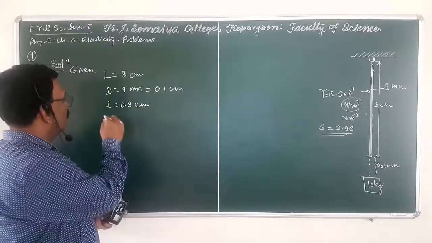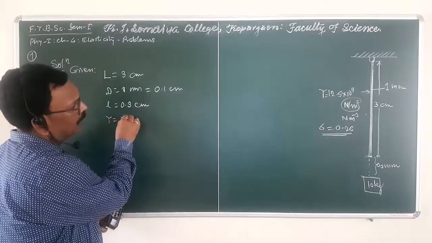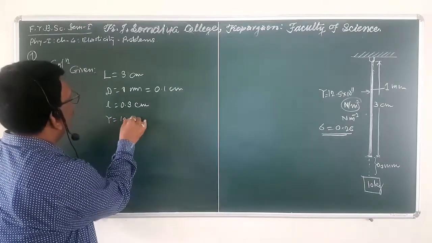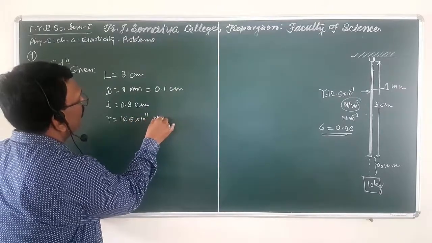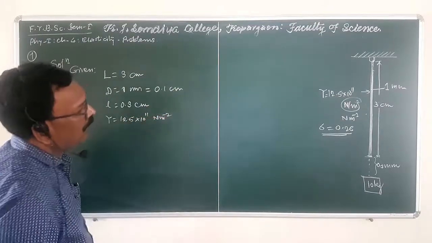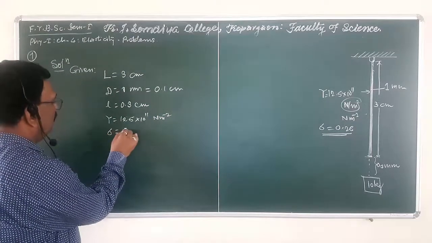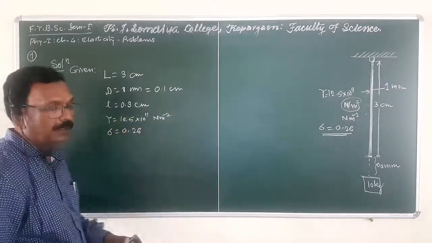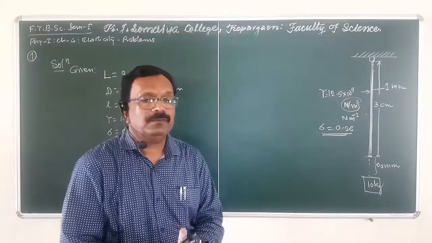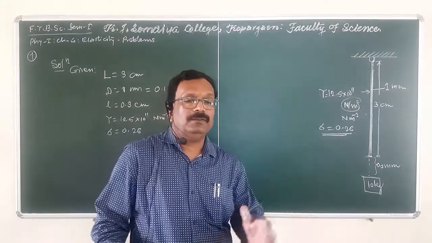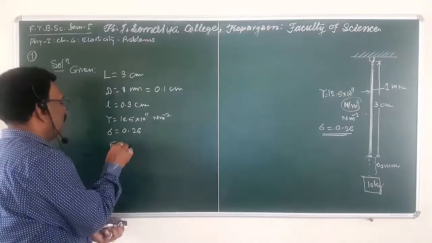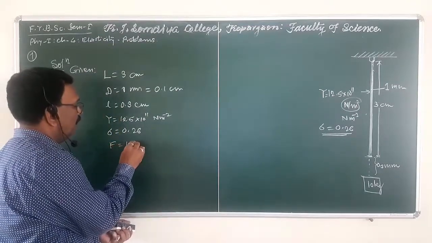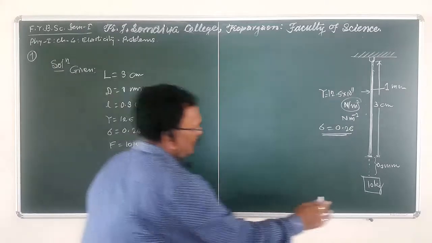And Young's modulus of the wire is 12.5 into 10 raised to 11 Newton per meter square, and sigma is equal to 0.26. So, here again don't be confused, and force F is also given, 10 Newton.